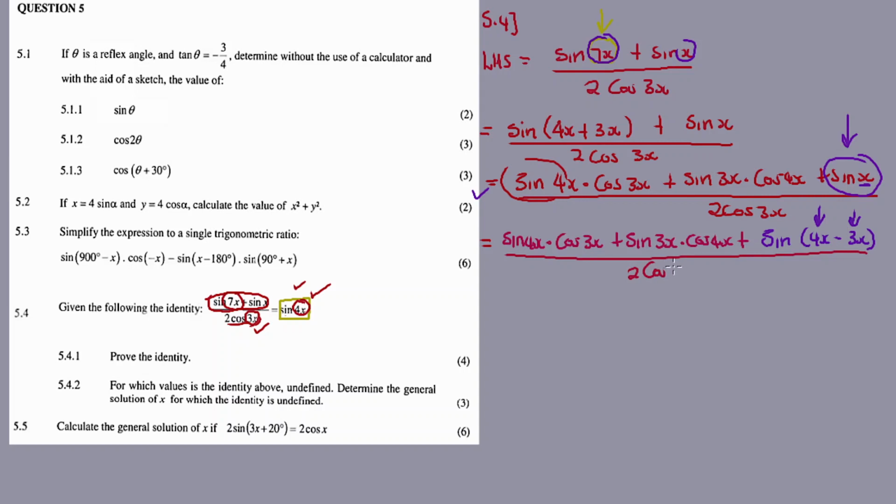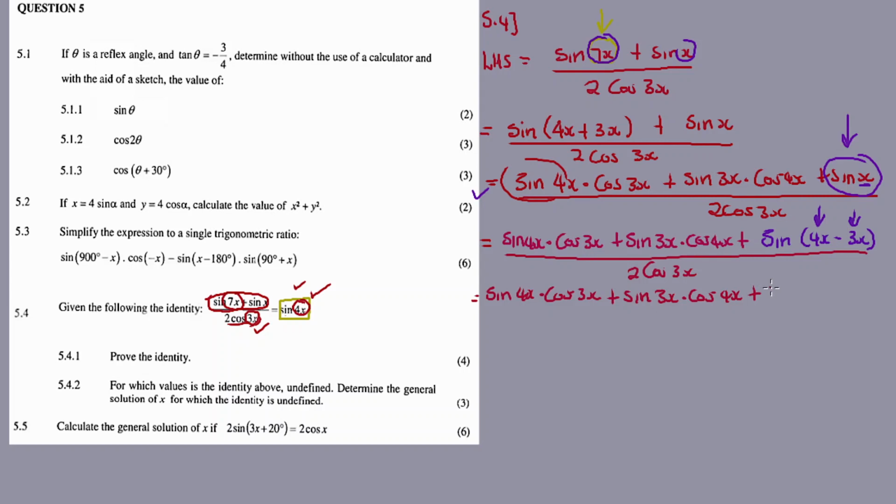Then we continue. 2 cos 3x equal to, is young and error, this problem. It makes me feel uncomfortable. There's this uncomfortable feeling about this thing. Not that it's difficult, it's just boring.